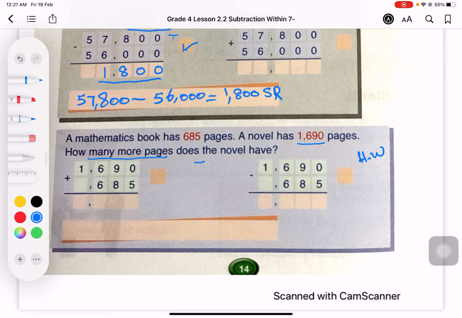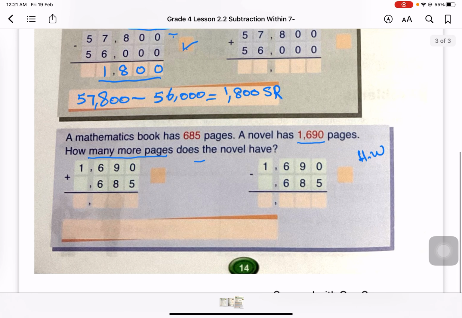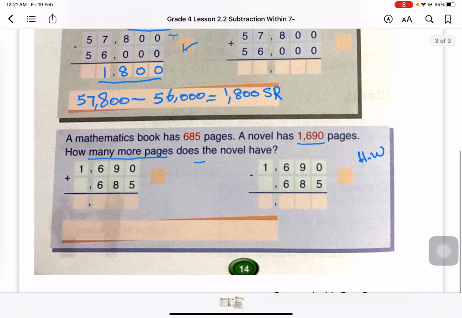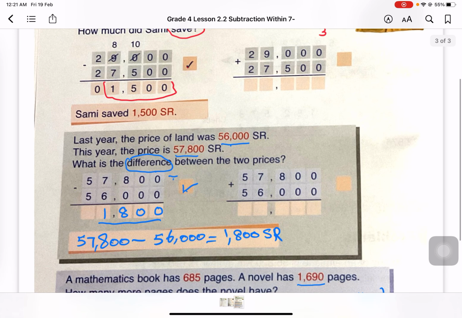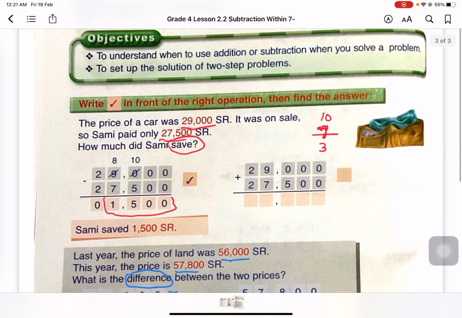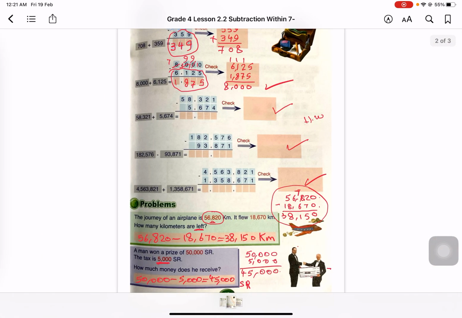So in this lesson we learned how to subtract numbers within 7 digits, meaning up to the millions, and also we solved problem solving. We solved subtract questions, and we checked our answer.